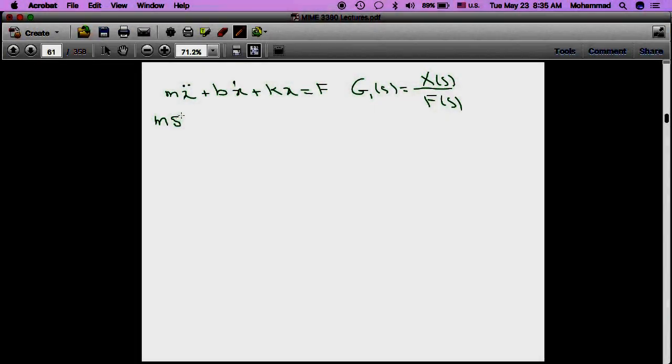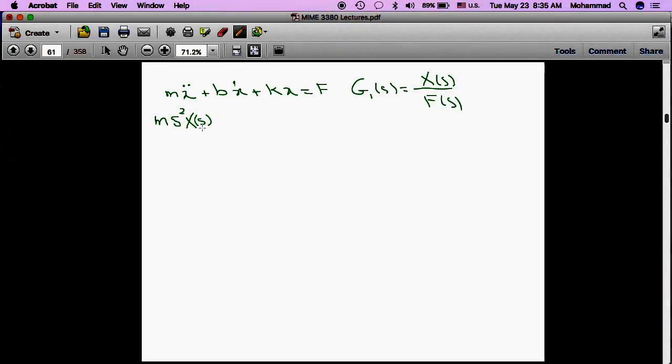Look at your notes if you have to. I want you to answer this question. So m would be there simply because it's a constant. So m would simply be repeated. X double dot turns to what? It will turn out to s to power 2 multiplied by x of s, right?